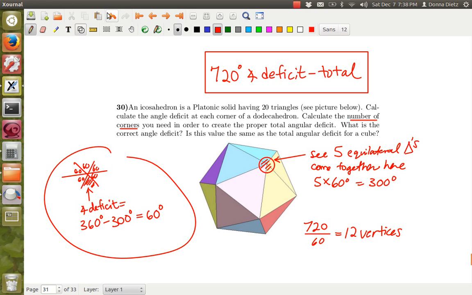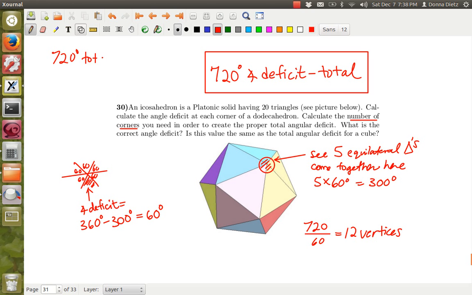You would have said, aha, 720 is the total angle deficit divided by 12 vertices is equal to 60 degrees per vertex. Quite honestly, if I'm going to give you the icosahedron, I'm going to do it in this direction. But if I give you the dodecahedron, it'll be in the reverse direction.